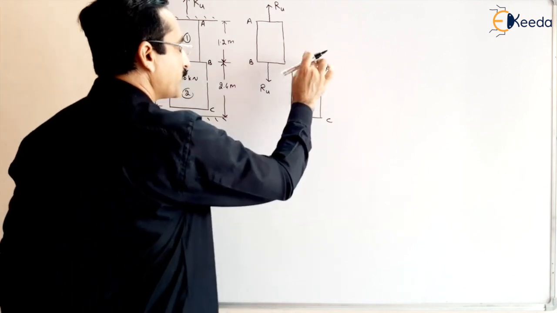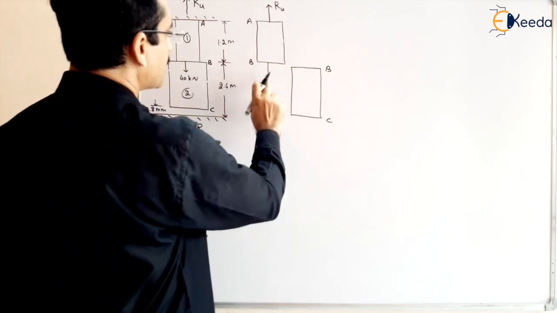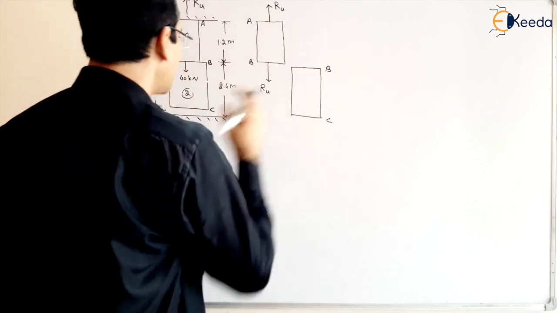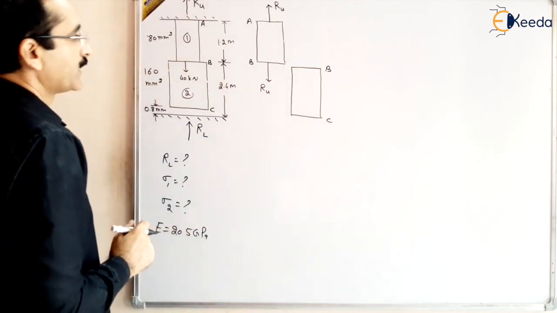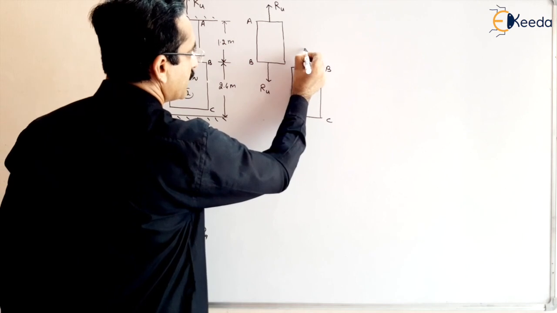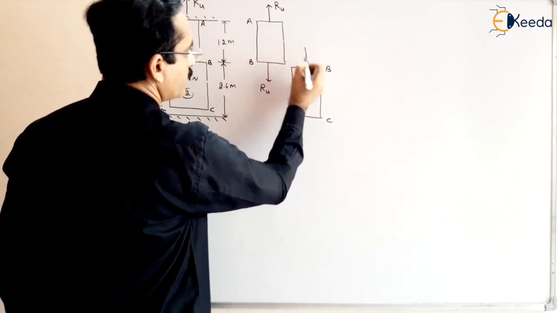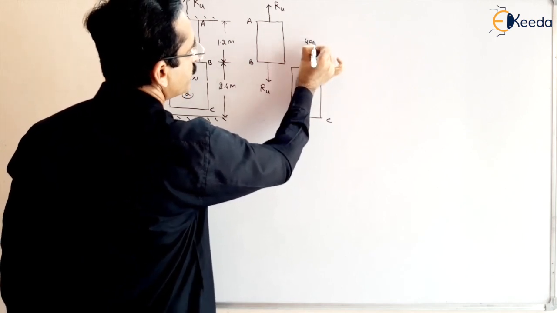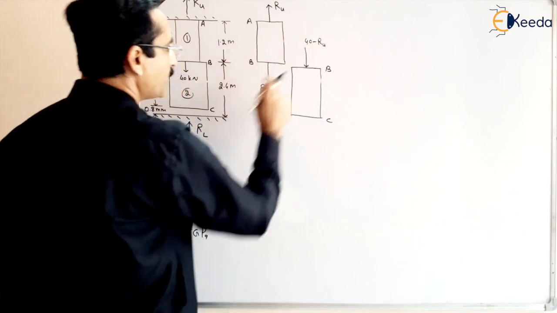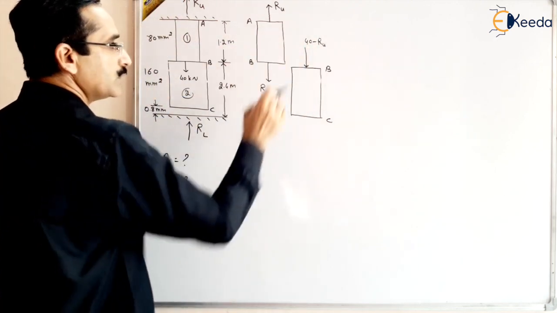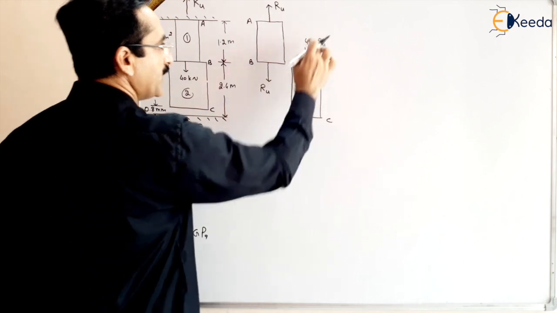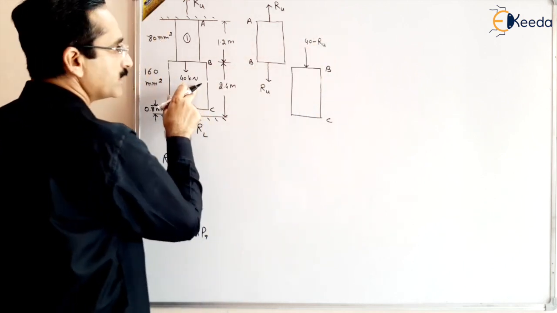What force should be applied at this part of the B so that the combination of this and this should be B in downward direction? So we can apply a downward force of 40 minus RU, in downward direction, so that the B part may have a total force of 40 kilonewton at this part.